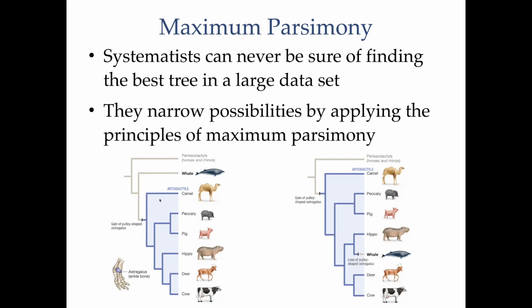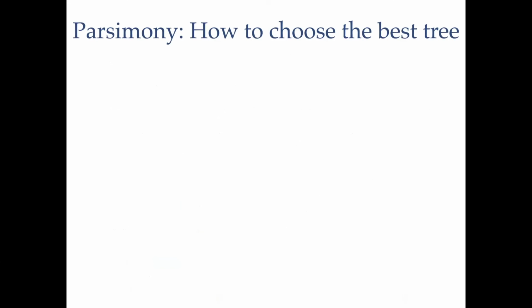When we compare these two possibilities, we're going to say the first one is most parsimonious because it takes less change to explain the relationship among those organisms. So what is probably true is tree number one, what represents those organisms instead of tree number two, because we have less change needed in this tree.